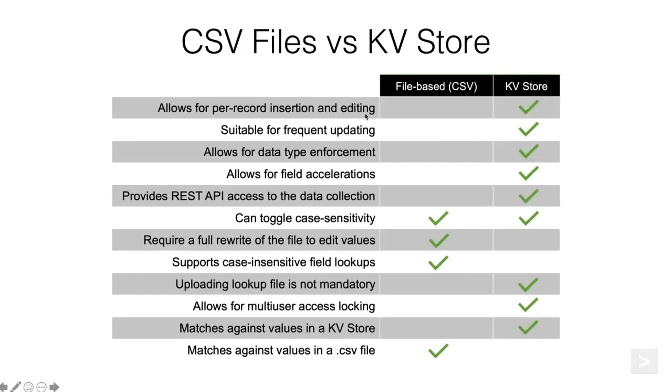And comparing CSV files to the KV store, as mentioned earlier, the KV store is going to be helpful for really large lookups. We can perform per record updates, whereas a CSV file will be required to load the entire contents of that CSV file, update it, resave it, whereas KV Store allows for per record updates, enforcement of data types.